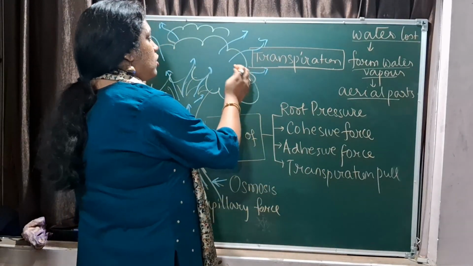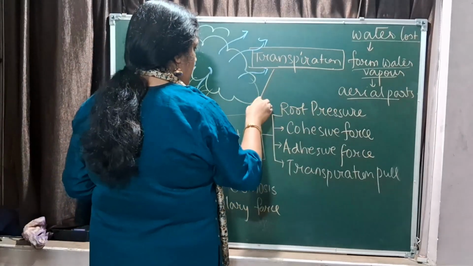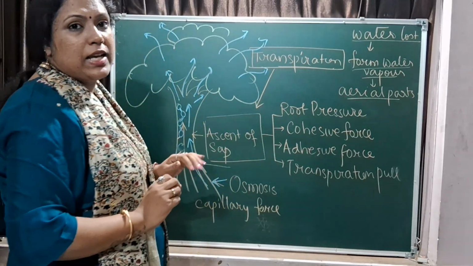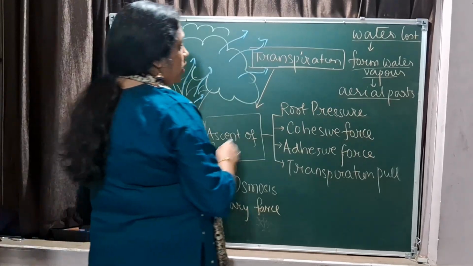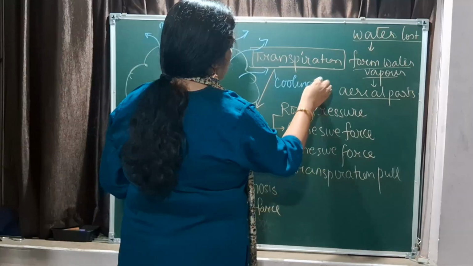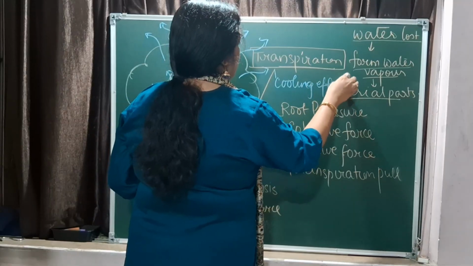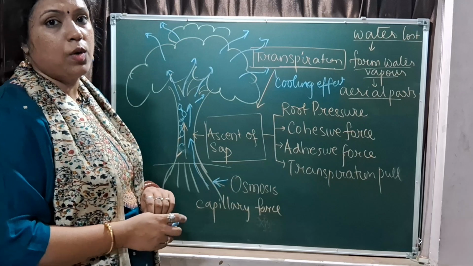Similarly, transpiration also cools the plant. So what does transpiration do? First, it helps in the ascent of sap, and the second function, the importance of transpiration, is the cooling effect. It cools the plant and at the same time it helps in the conduction of water.